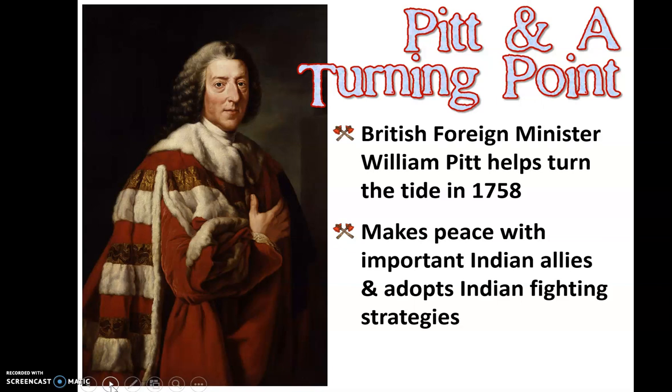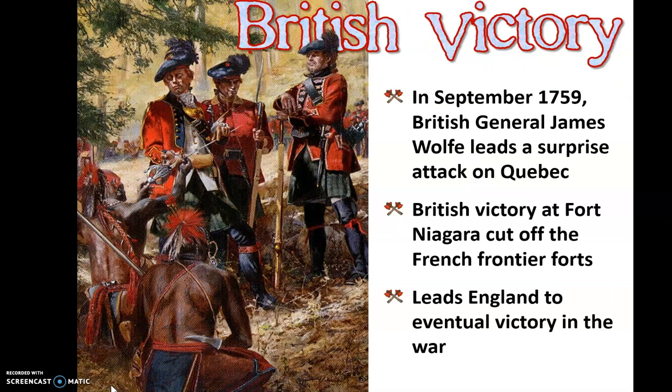He gives the means for the war, he gives them a lot of money, he gives them supplies, and he really plays it smart. He begins to form these Native American allies because they know the land. They've been helping the French a lot. The French have been incredibly successful up until this point, and he begins to adopt Indian fighting strategies.